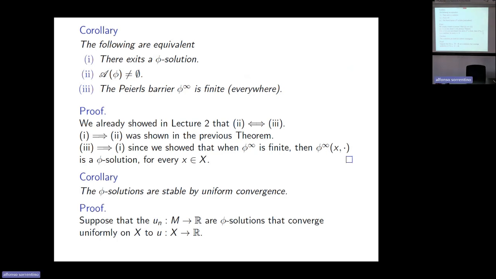The second corollary: the phi solutions are stable by uniform convergence. So suppose you have a sequence un of phi solutions that converge uniformly on X to a function u from X into R. Fix x in X. We want to show that the uniform limit u of the un is itself a phi solution at x.